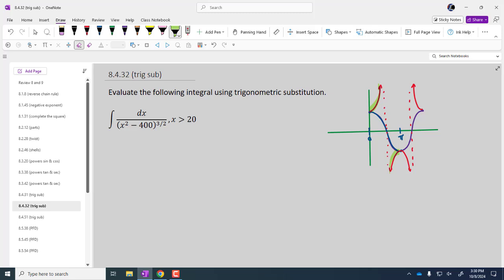And that's what most books do these days. But some books will be total contrarians, and they will pick this piece right here and this piece right here, only so that when you take the derivative, you don't have to deal with the absolute value.